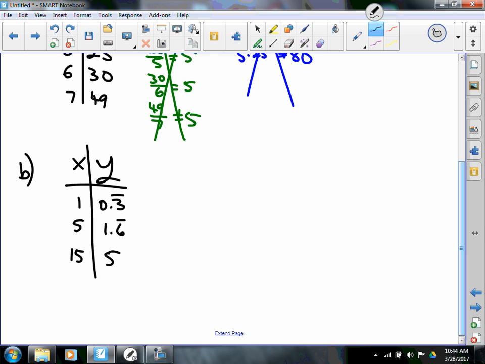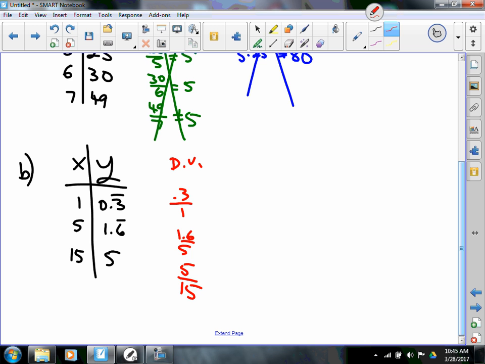What if we had something like that? Well, let's see. Inverse variation, we're going to have to multiply. Well, let's try direct variation first. 0.3 divided by 1, 1.6 divided by 5, 5 divided by 15.